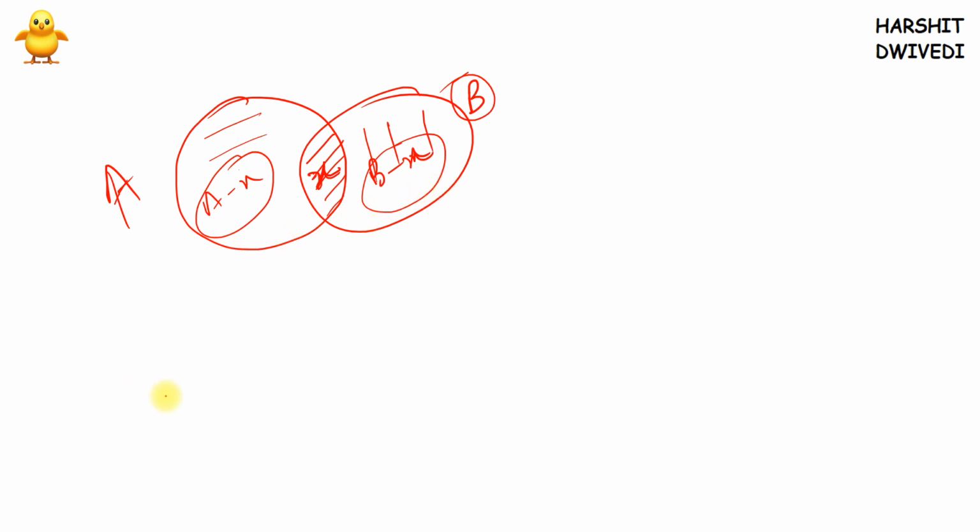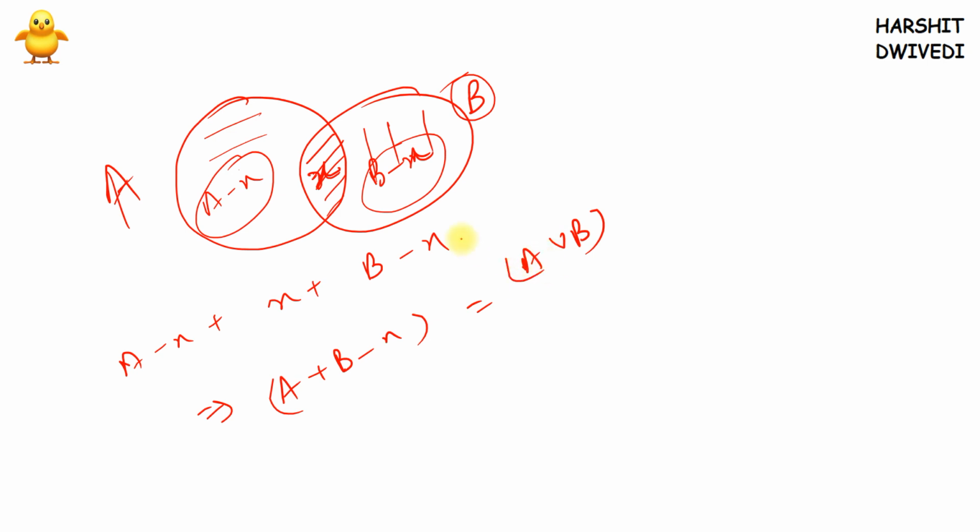The total will be A minus X plus X plus B minus X. So this will be A plus B minus X, and this will be equal to A union B in set theory. And basically this X will be A intersection B, because this X represents the common elements between both A and B, and obviously A intersection B also denotes the number of common possibilities in both the element sets.